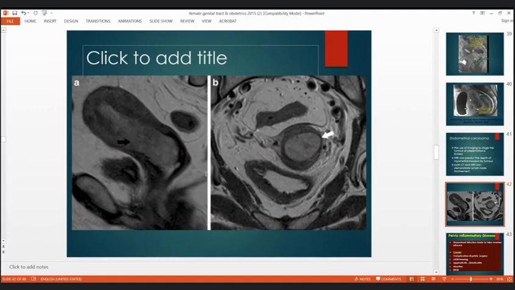MRI of the pelvis in patients proven by endometrial biopsy to have endometrial carcinoma will help me to see the extent of tumor, mainly the depth of myometrial invasion. But we can see also extensive disease involving the serosa, the ovaries, and the pelvic side wall. It is generally for local staging of endometrial carcinoma proven by endometrial biopsy.